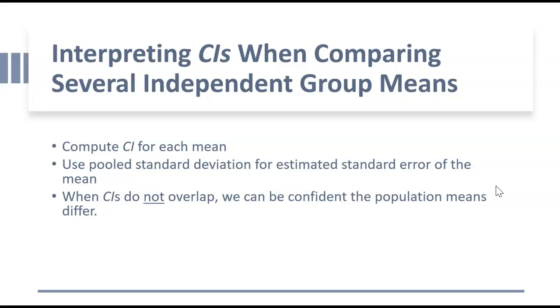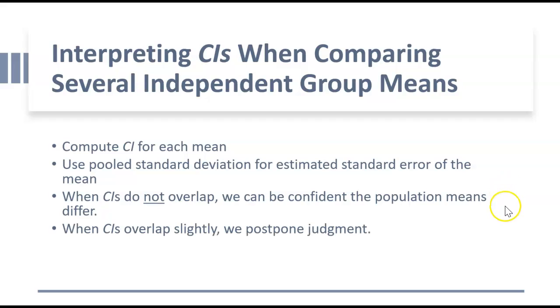If they don't, then you can say with more confidence that the population mean that you're estimating is actually different between those two groups. If they do overlap, then it suggests that the mean differences you've observed in your samples are not likely to be seen in the population.